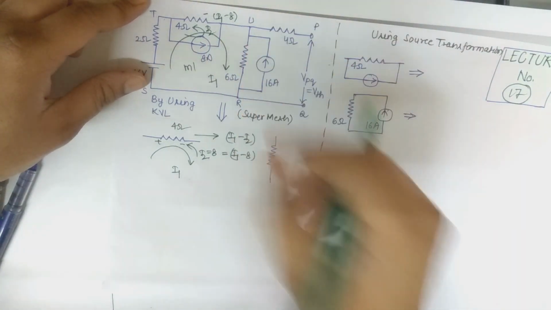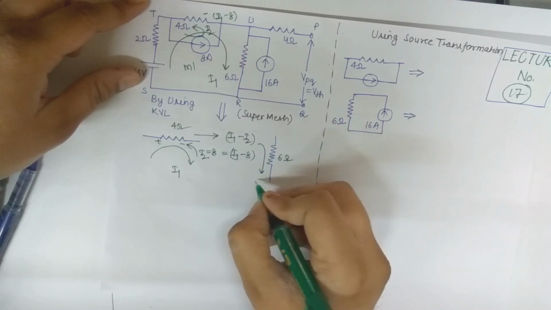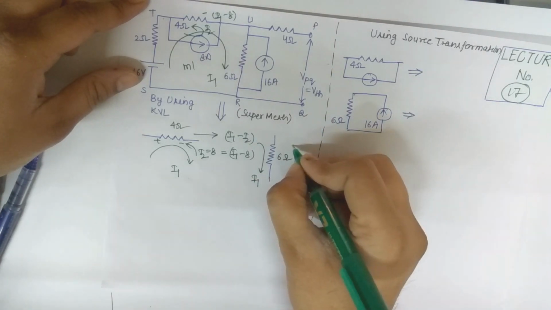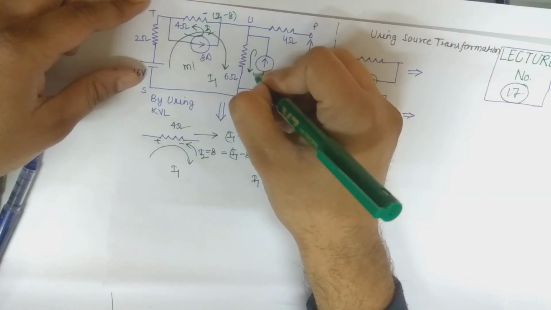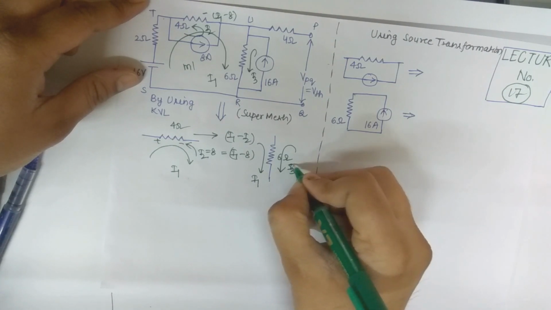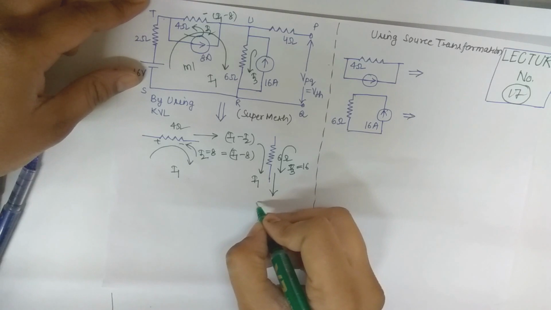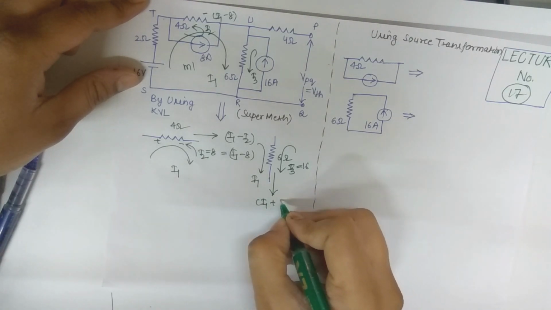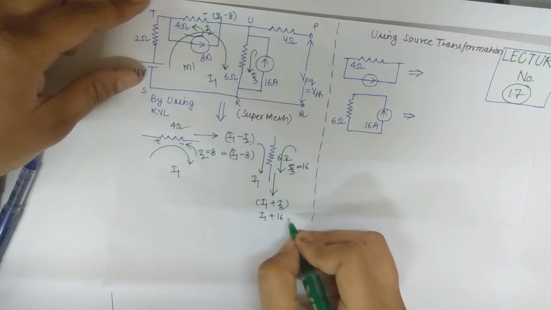Similarly, for this 6 ohm branch, current is our mesh 1 is I1, and here let us say we consider I3 for this. So I3, and we know the value of I3, this is 16. So the net current flowing in the downward direction is I1 plus I3, and the value of I3 is 16.